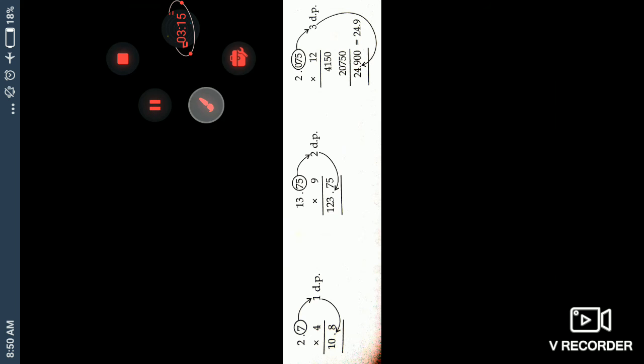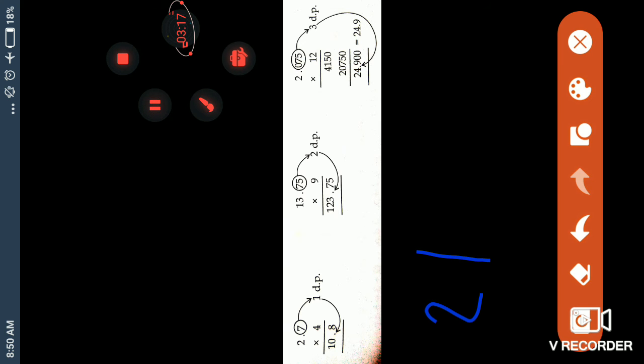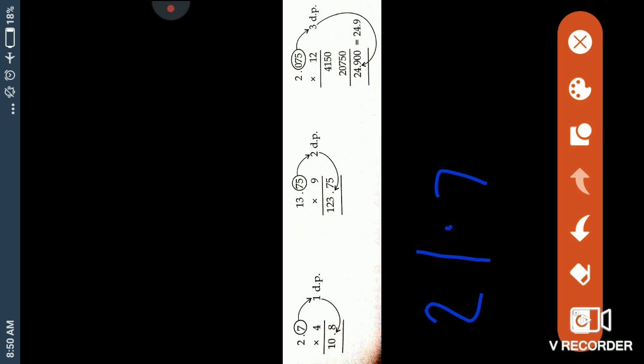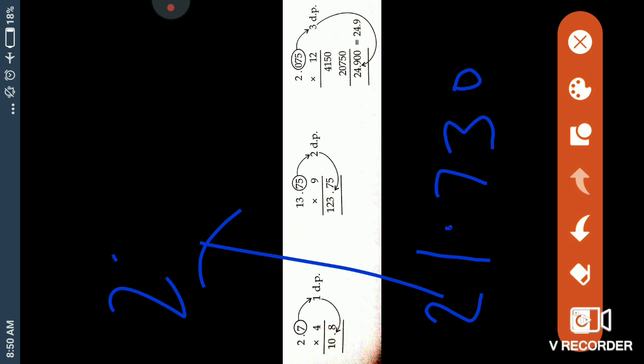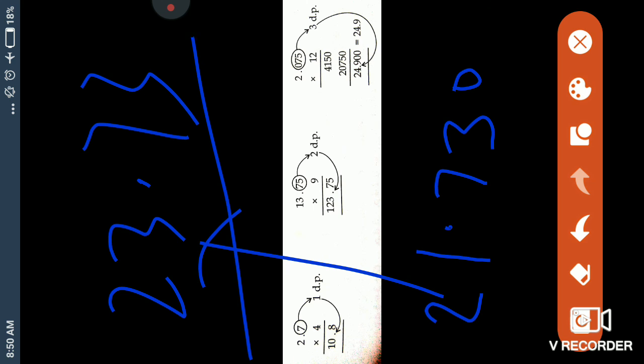You can also do this: suppose 21.730, then in place of it you can write 21.73. Understand? Then no need to write the third decimal place. This place will be removed.